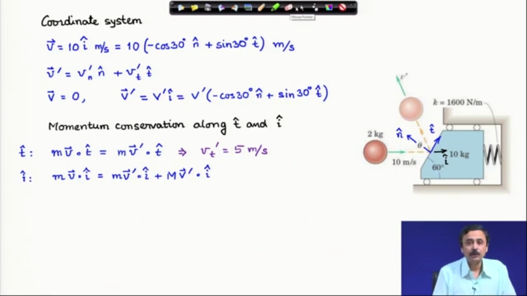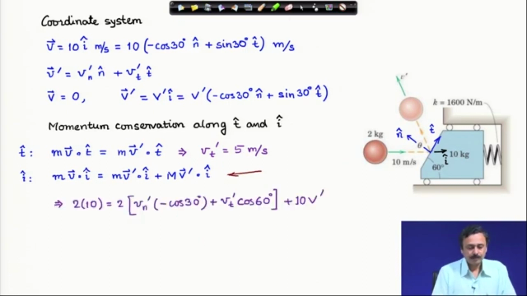If you really want to take that normal reaction, because it is an impulsive force, even for short duration it is going to make a contribution, but in the I cap direction it does not affect. Therefore, we have taken this I cap component of the linear momentum conservation.